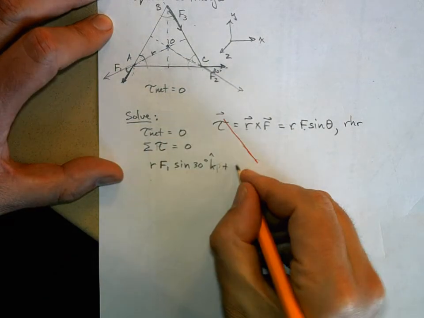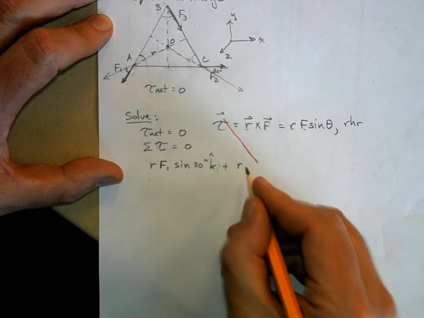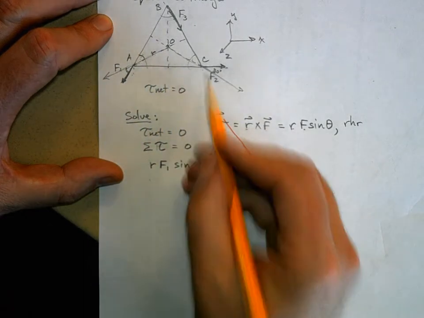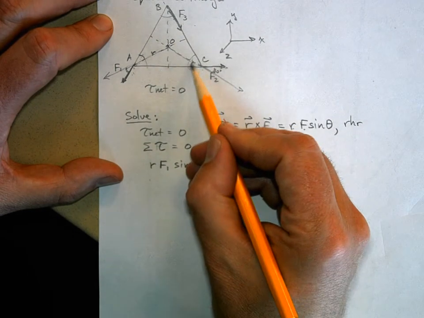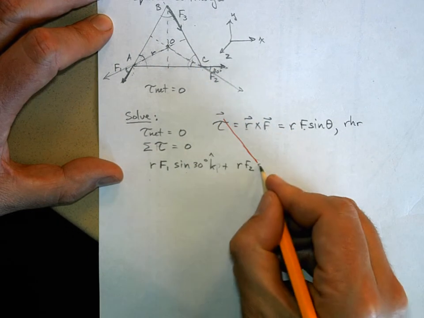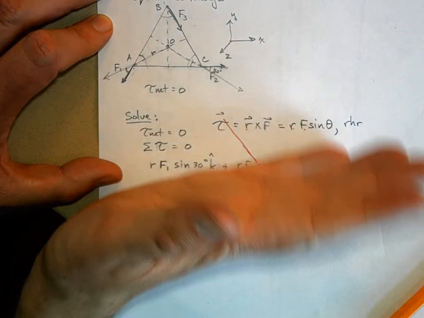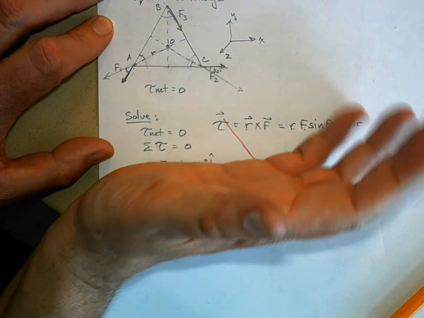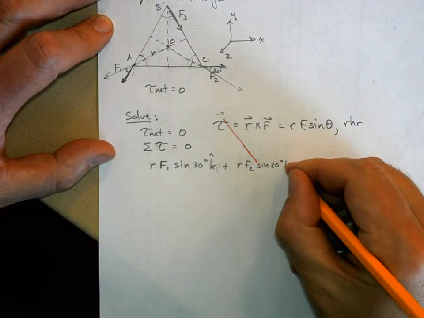So this is going to be R, the same R in magnitude as over here, times F2 times the sine of 30 degrees. And again, if I use the right-hand rule, R cross over to F, it's in the positive K-hat direction.